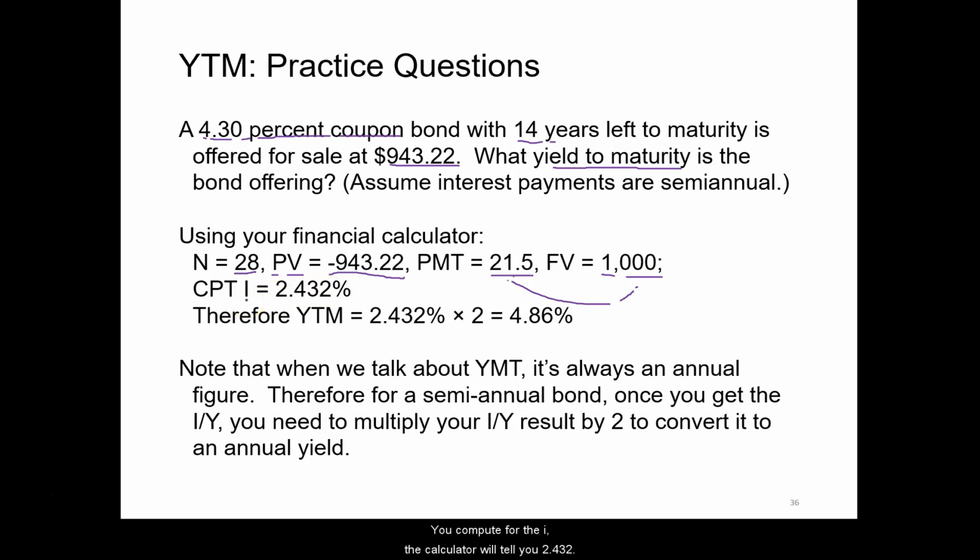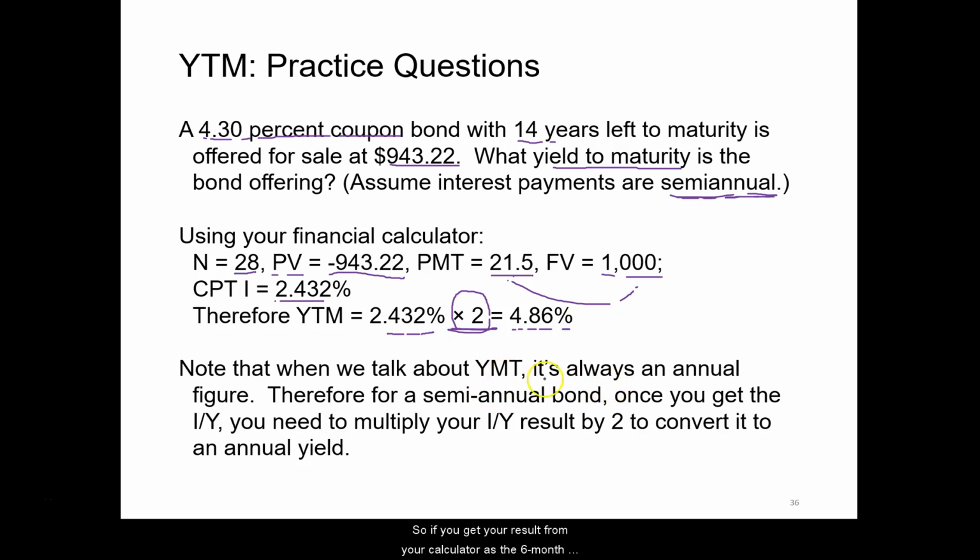You compute for the I/Y, and your calculator will tell you 2.432. That is telling you the interest rate for every 6 months, semi-annually. Then, as the last step, you have to multiply 2.432% by 2 to get the annual yield to maturity as 4.86%.